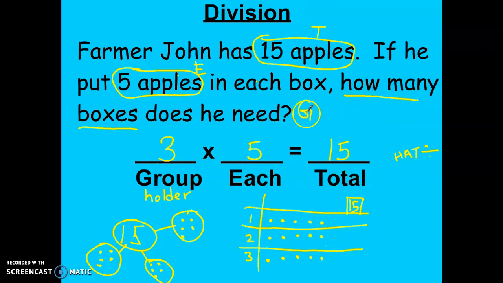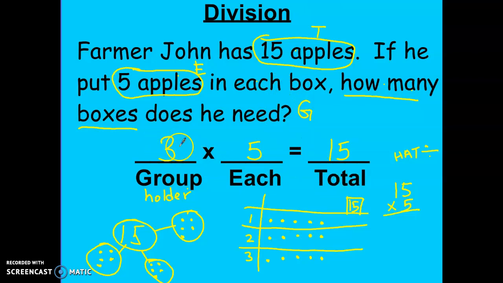So let me see. The question is how many boxes? And if I say there are 3 boxes and 5 apples in each box, that will give me a total of 15 apples. That sounds about right. If I multiply it, wow, that will be a lot of boxes. That would not make sense because it said he only put 5 apples in each box.